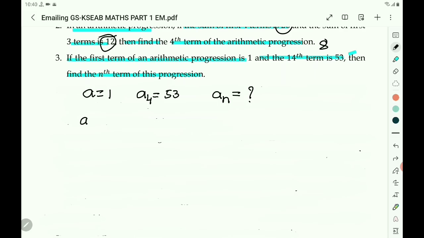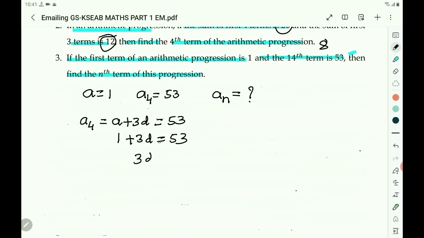Now you write a14 equals 53. a14 is a plus 13d, or otherwise you write directly here only. a14 equals a plus 13d equals 53. a is 1. 1 plus 13d equals 53.